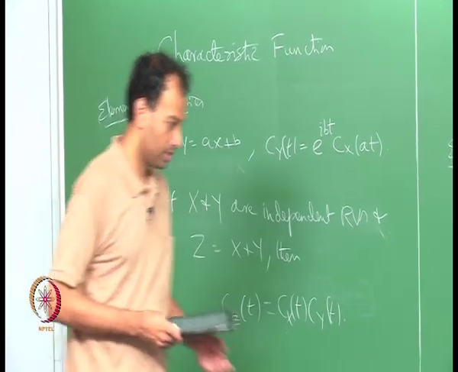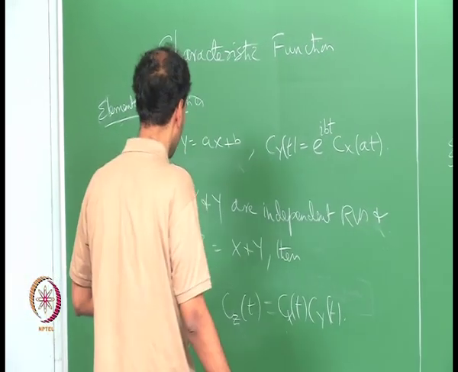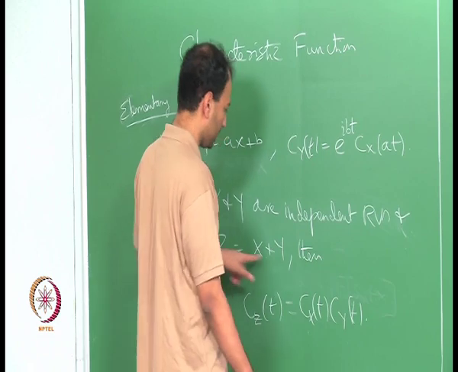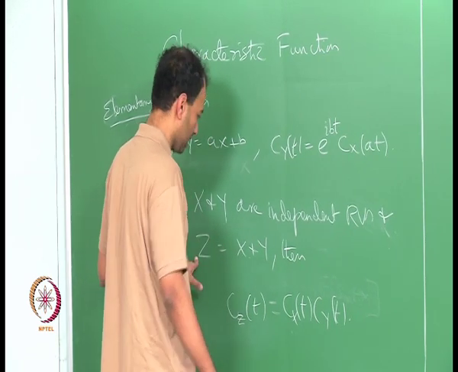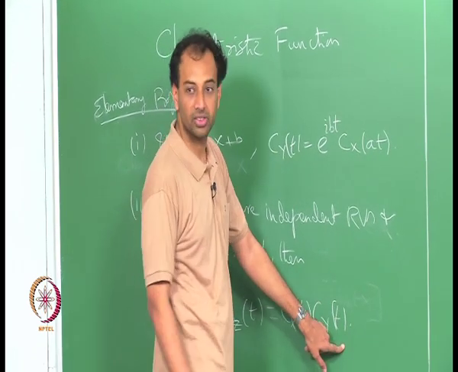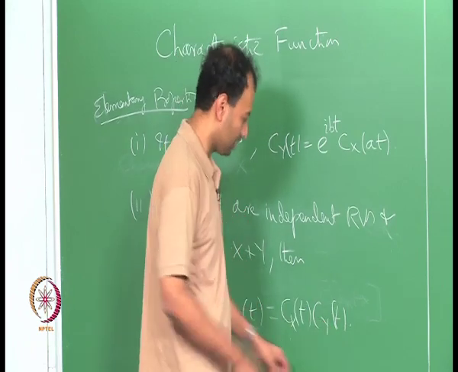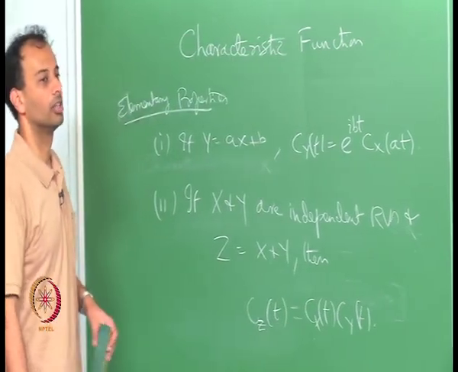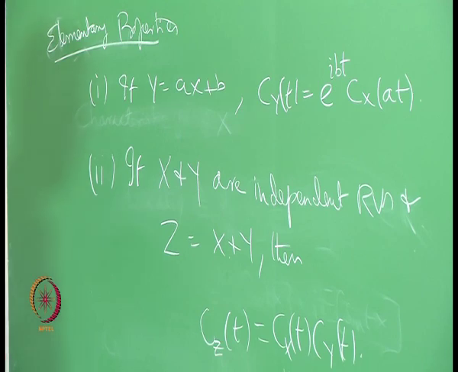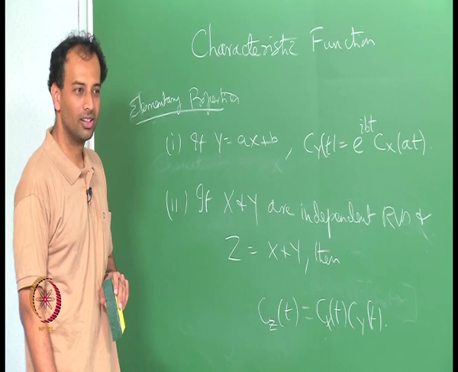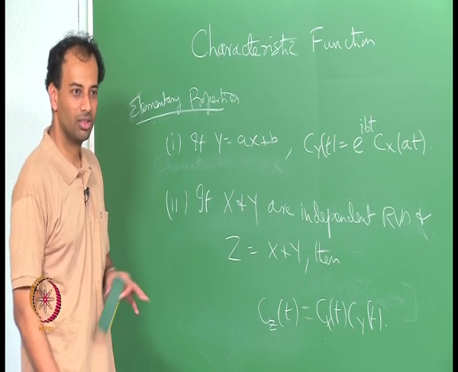If you have independent random variables x and y and z is equal to x plus y, the characteristic function of z is given by the product of the two characteristic functions. This is similar to the property for moment generating functions, except you have an advantage. What is the advantage? It exists.